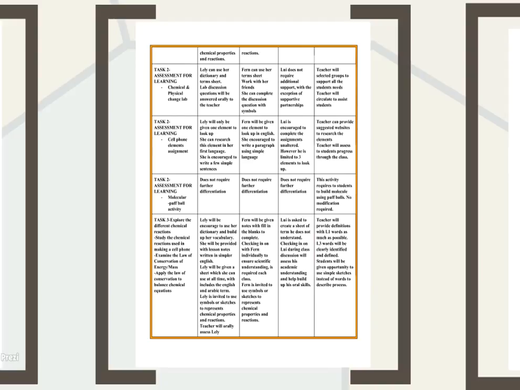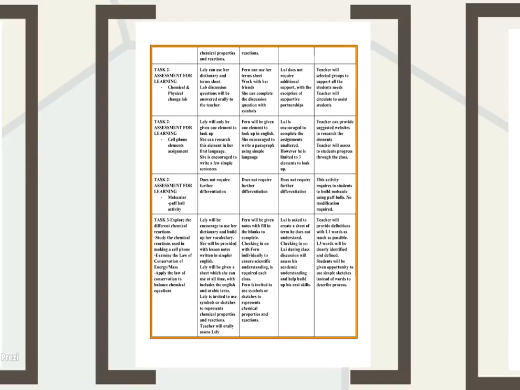So when she's looking up how much copper there is, how it's extracted, all those processes, she can look those up in her first language, and she's encouraged to write a couple of sentences in English, again using mostly L1 words with the L3 science terms that she's already been exposed to, and she's allowed to use diagrams to express this, but she is encouraged to do some writing, but we're not really focusing on the reading in English in this one.